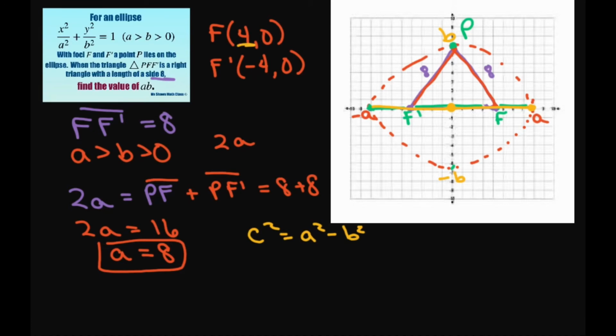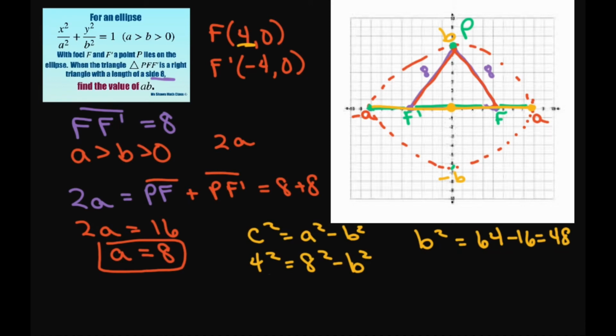So C squared is 4 squared, so we're going to write 4 squared equals 8 squared minus B squared. Therefore, B squared equals 64 minus 16, which equals 48.